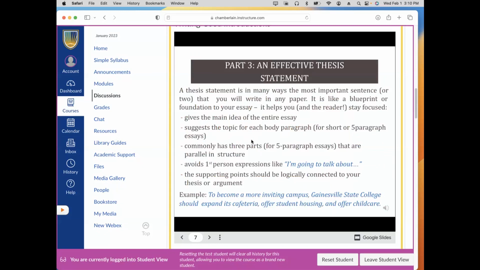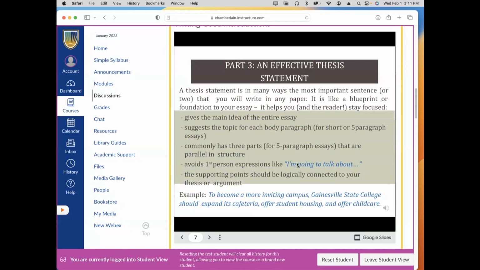So the whole point of a thesis statement is that it's taking a very clear position on a subject. Most people in the class don't have a problem with this, right? I think most people got the subject of social media, and you're going to talk about what it does or doesn't do. And so I think everybody sort of has that pretty good. You don't want to use the first person, right?